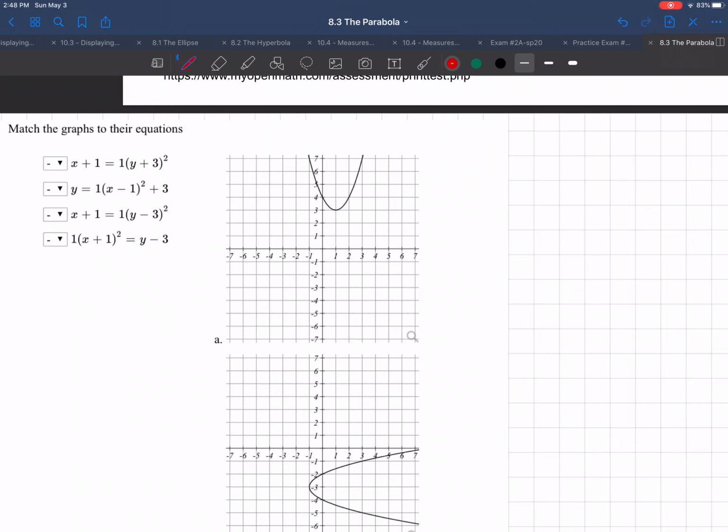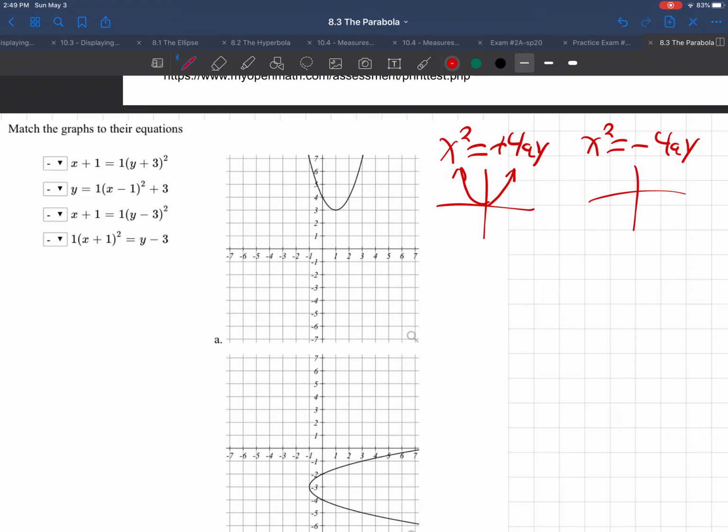If you have an equation of the form x squared equals positive 4ay, the parabola will go up. And if you have x squared is negative 4ay, the parabola will go down in the negative y direction.